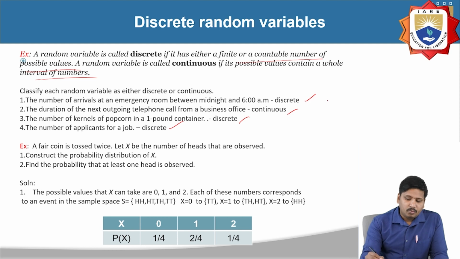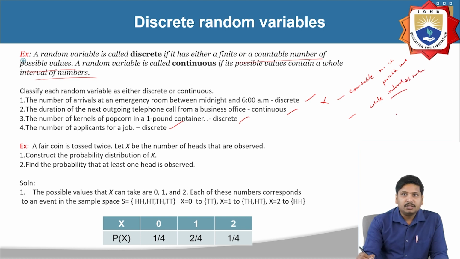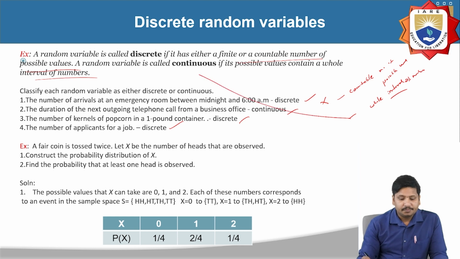So if a variable has a countable number of possible values, then it is discrete. And if the possible values contain a whole interval of numbers, then it should be treated as continuous.